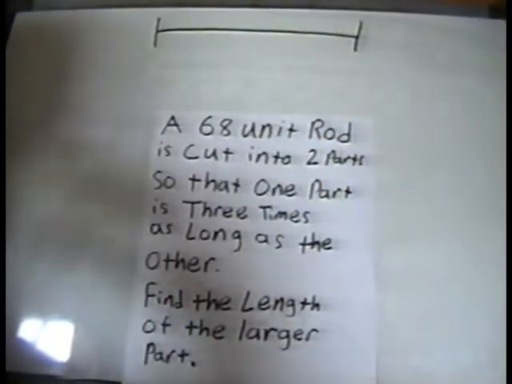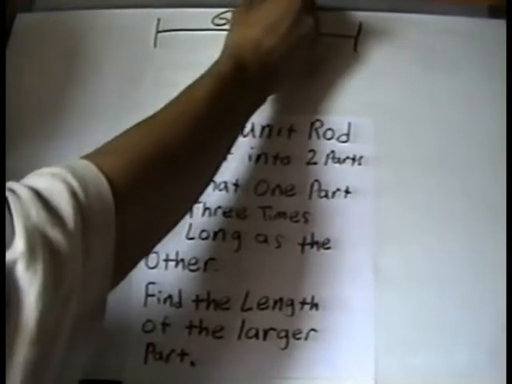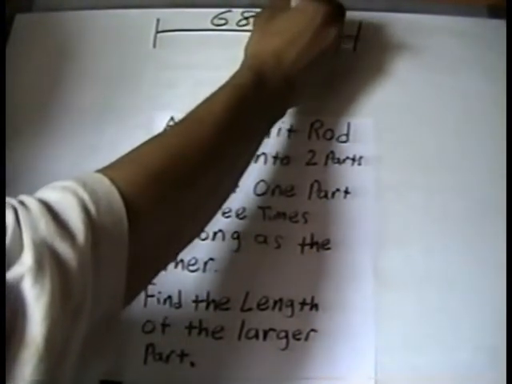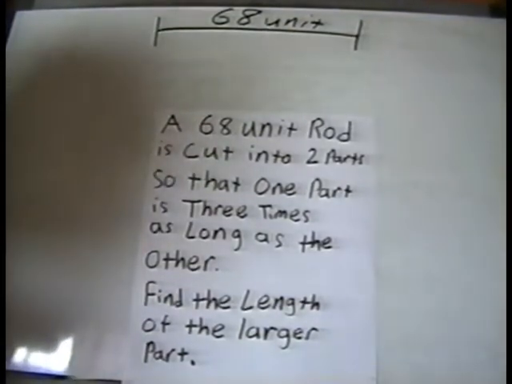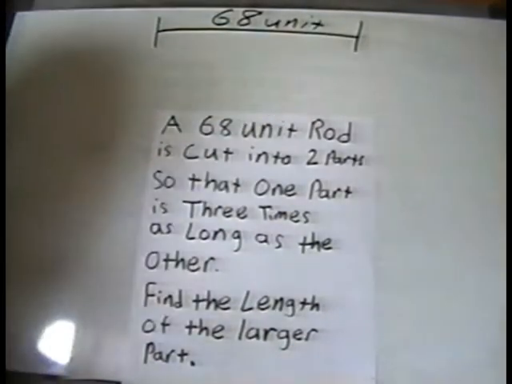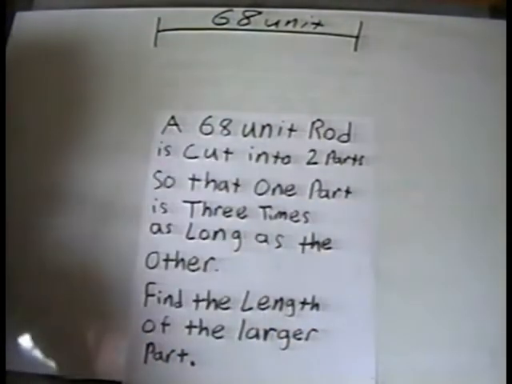So we got one rod cut into 2 parts. We know the length of one part relative to the other. We know that one part is 3 times longer than the other. 68 unit rod.